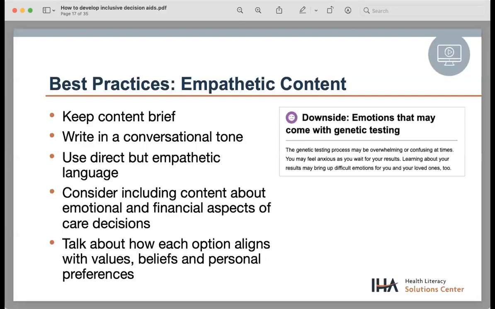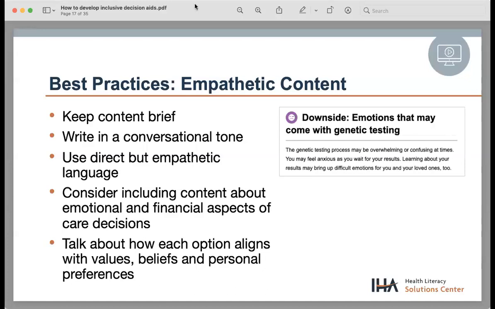In this screenshot, it's explaining the emotions that might come with genetic testing. We mentioned that the process can be overwhelming or confusing, and you might feel anxious as you wait for your results. And learning about your results may bring up difficult emotions for you and your loved ones. Again, thinking about people's relationships with their family, and the fact that these health decisions don't exist in a vacuum. They affect people's everyday lives and their relationships too.